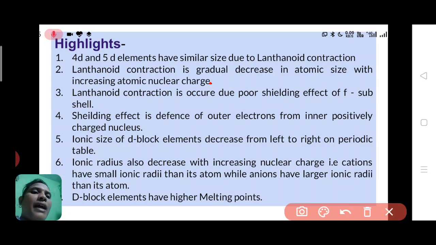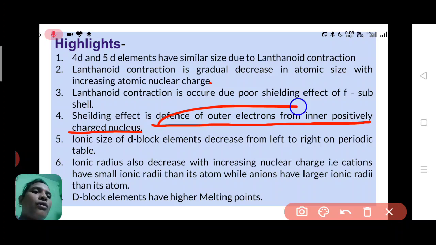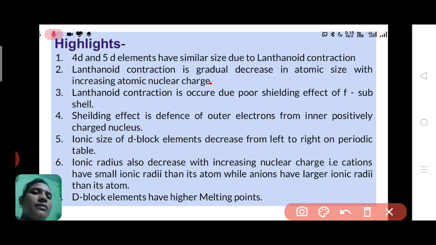What is the shielding effect? It is a defense of the outer electrons from the inner positively charged nucleus.